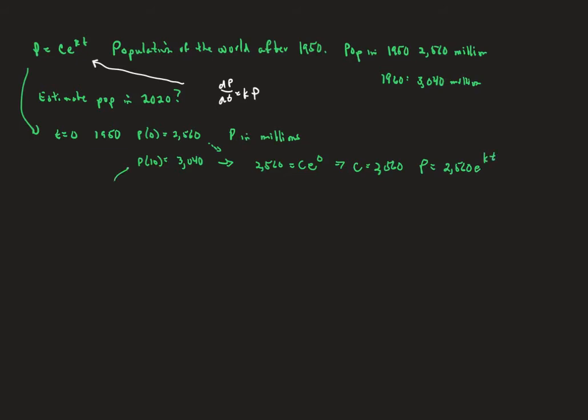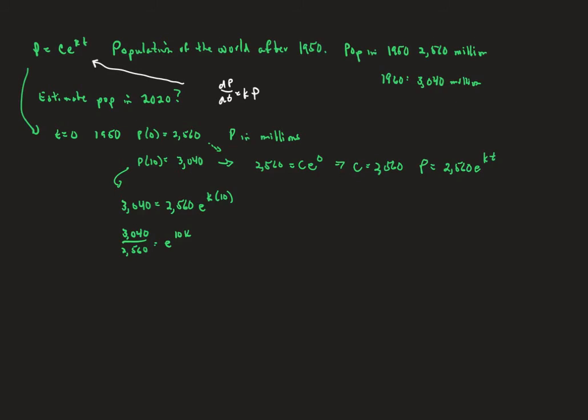We'll use the second initial condition to solve for k: 3,040 equals 2,560e to the k times 10. Dividing by 2,560, we get 3,040 over 2,560 equals e to the 10k.